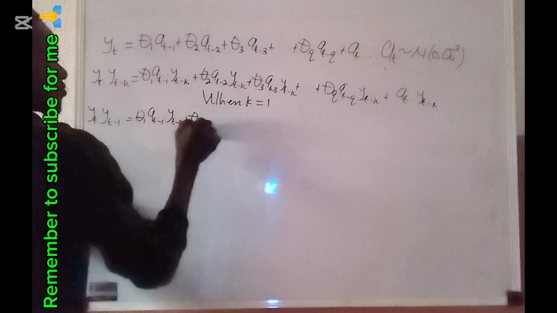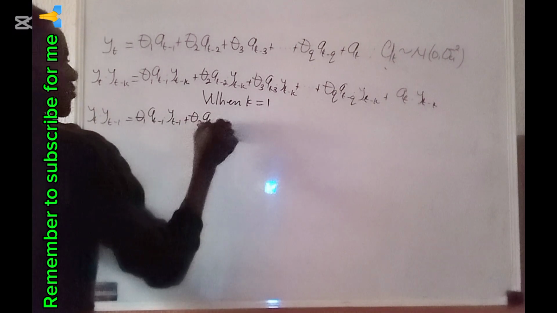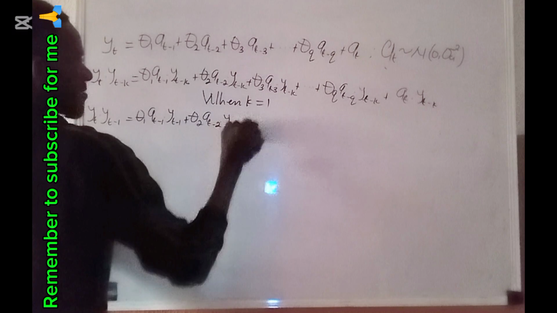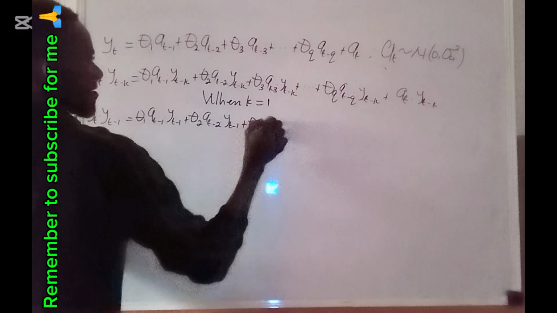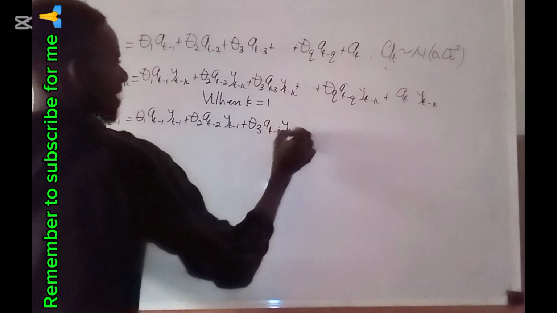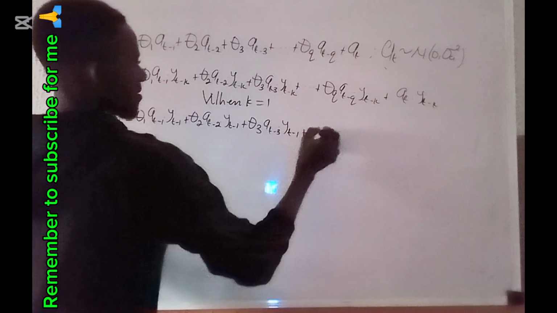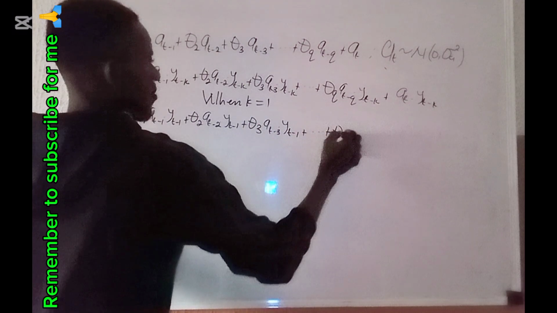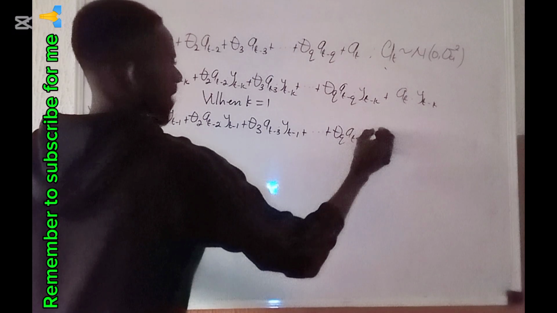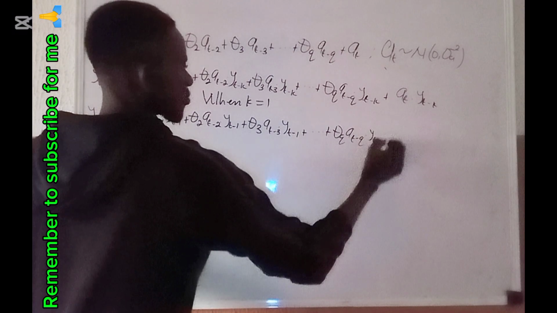This is theta 2, a of t minus 2 multiplying y of t minus 1. This is theta 3, a of t minus 3 multiplying y of t minus 1, plus theta q, a of t minus q multiplying y of t minus 1.